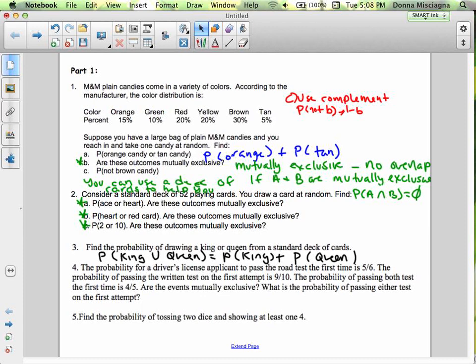Think about yourself. You probably have already taken the driver's test, most of you. Did you pass it the first time? Did you pass both of them on the first attempt?